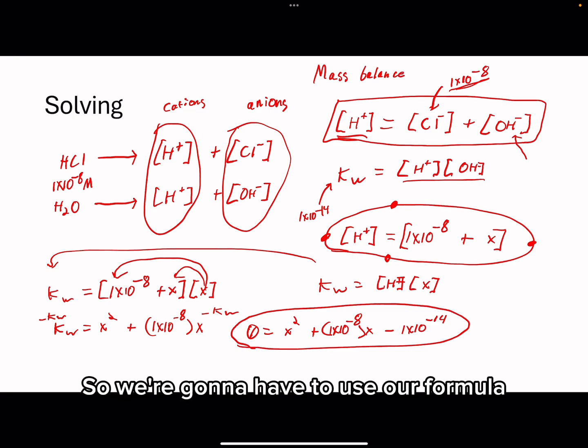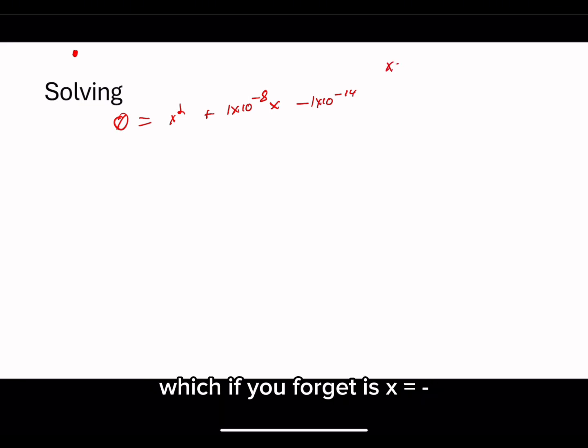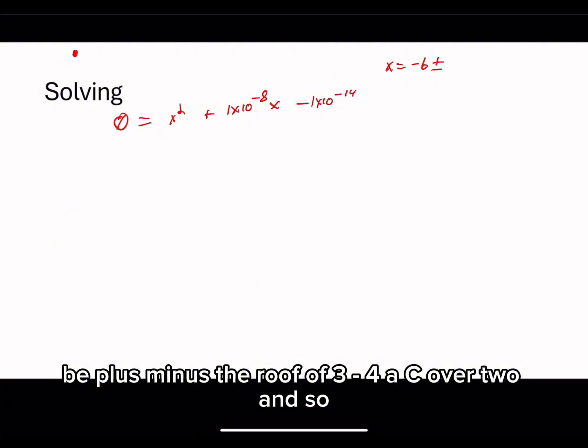So we're going to have to use our formula. All right, so we'll take our equation and put it into our quadratic equation, which, if you forget, is X equals negative B plus or minus the square root of B squared minus 4AC, over 2A.